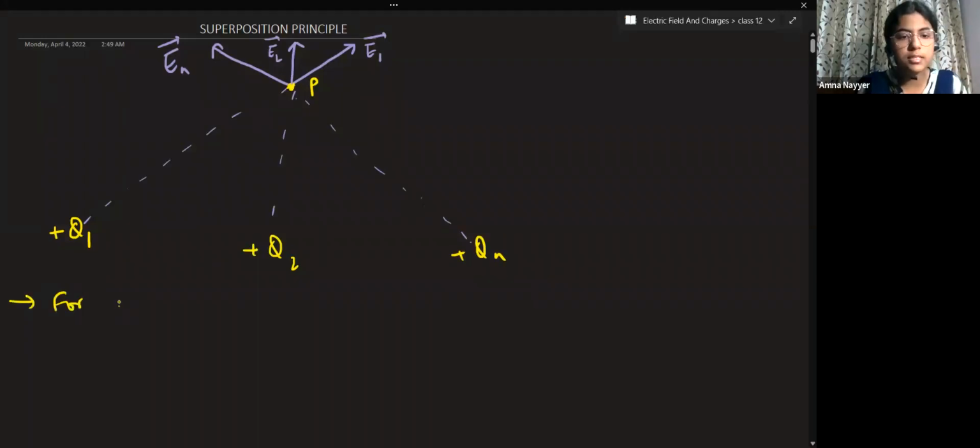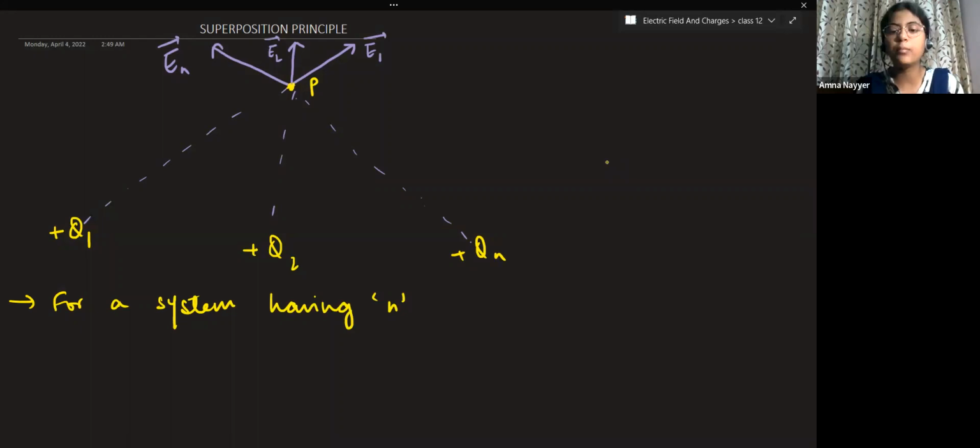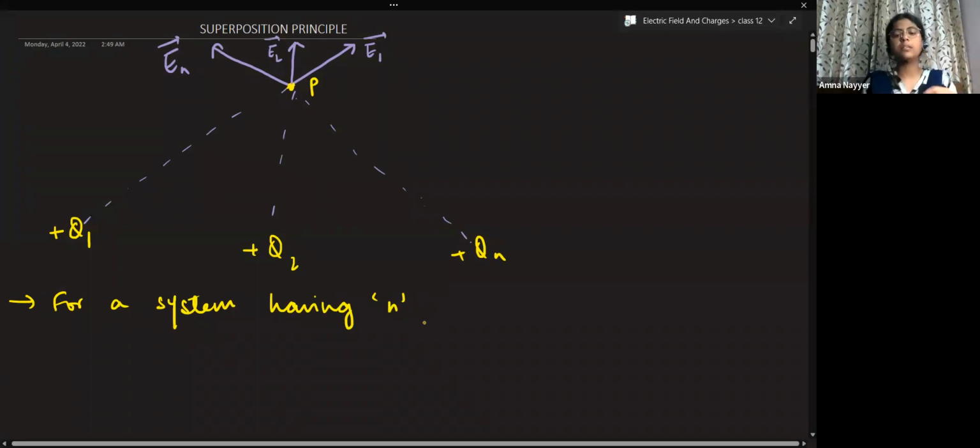So I'll write down: for a system having n interacting point charges. By n, it means that you can take any number from 0 to infinite. N can be any number.